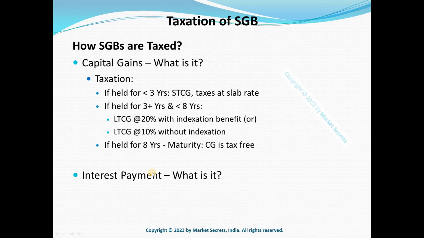For the current bonds, it's 2.5% and 1.25% will be paid every 6 months. That is the interest payment. So how is this interest payment taxed? It's very simple, any interest that you receive from these SGBs will be taxed at your slab rate. So if you fall under 5% bracket, you'll have to pay 5% as tax. If you fall under 20 or 30%, you'll have to pay 20 or 30% as tax.